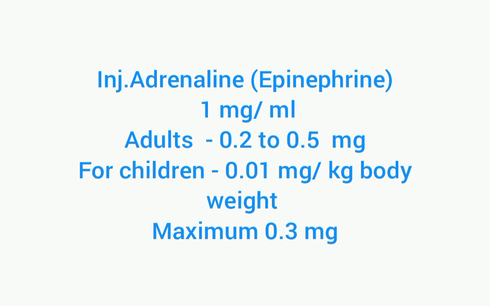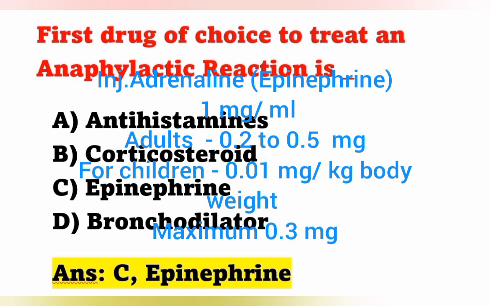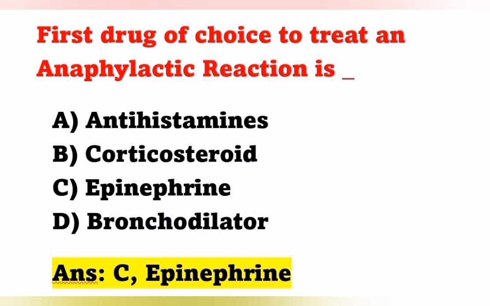Suppose the child has 10 kg weight, that means 0.1 mg. So the normal dose is 0.01 mg per kilogram body weight in case of children, and children can receive a maximum of up to 0.3 mg at a time. Here in this question, the correct answer is epinephrine, option C. Move on to the next question.